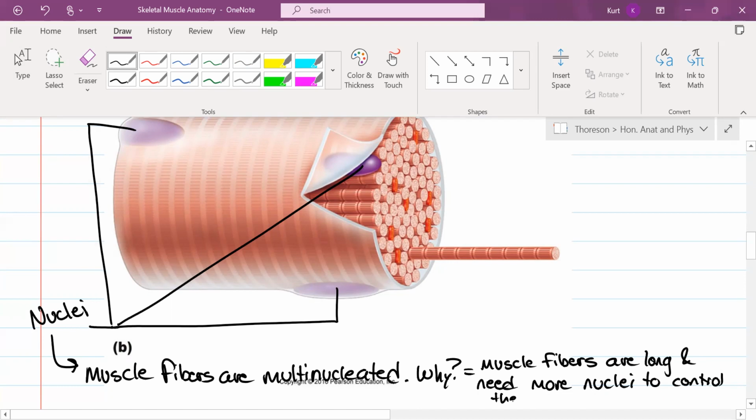The nuclei is where the DNA is, and the DNA is ultimately what controls the nature of the cell. Yes. So when you go through cell division, do they all do the polynuclei?